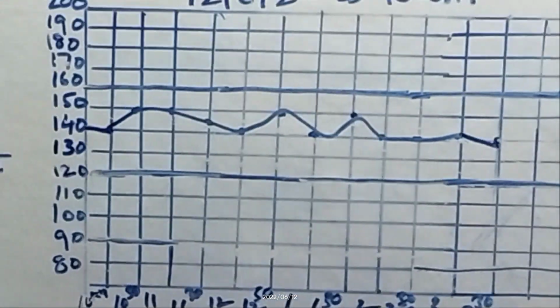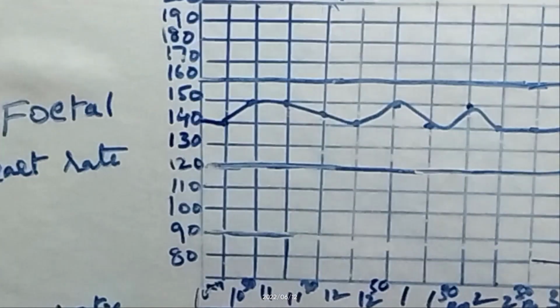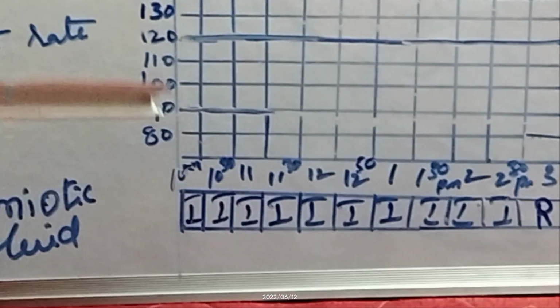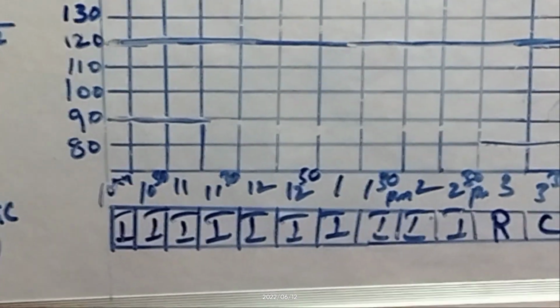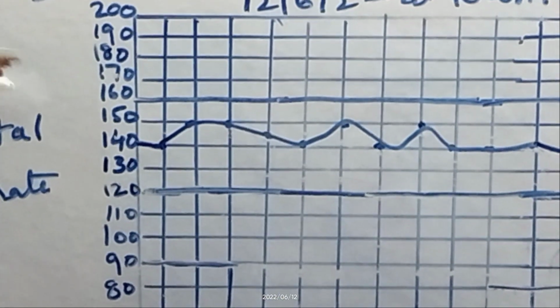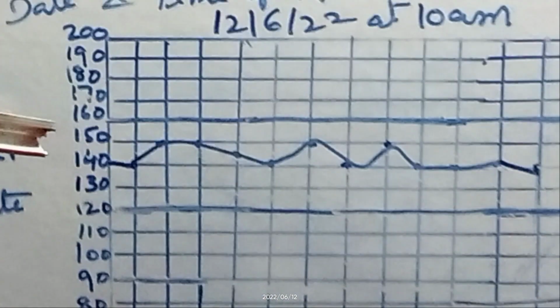See, coming to the amniotic fluid, we have to write in each small box I, C, B, M. That means I means intact, C means clear, B for blood stained, M for meconium stained.